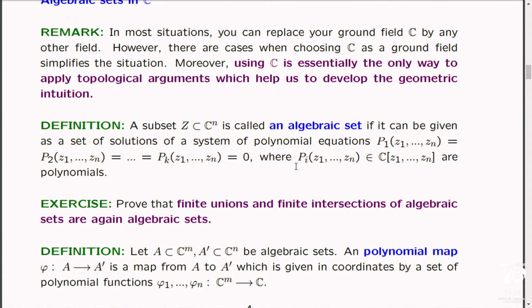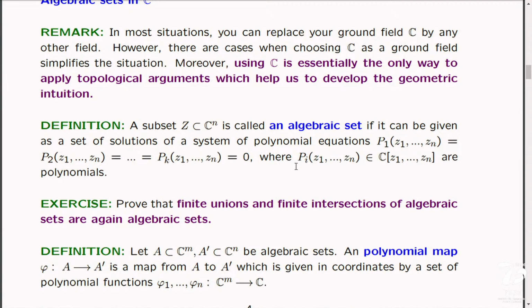And this proof can also be adapted for all other fields using some standard arguments from model theory and logic, which is not hard. I mean, logic is hard, but this argument is not hard anyway. So it's a baby version of the Hilbert Nullstellensatz, which I'm going to prove today.